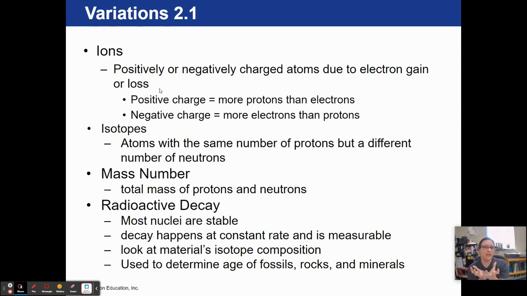If they're missing an electron in that outer shell, it would really like to get one to just feel more stable. Or if it has an extra one, it wants to get rid of it.